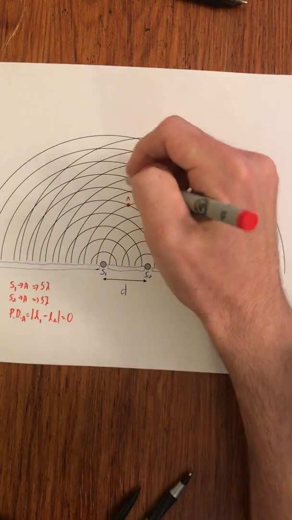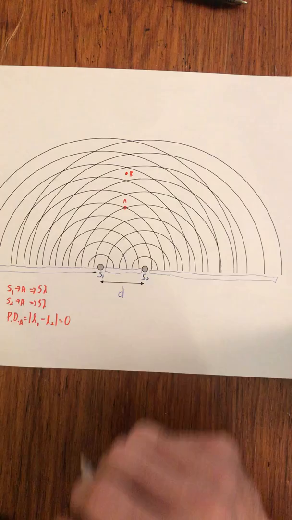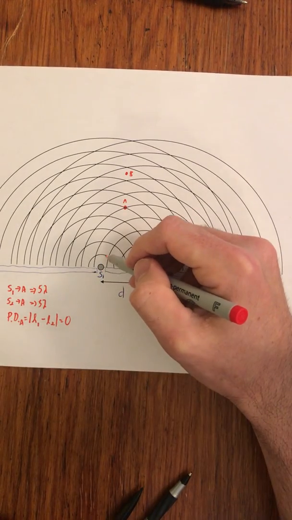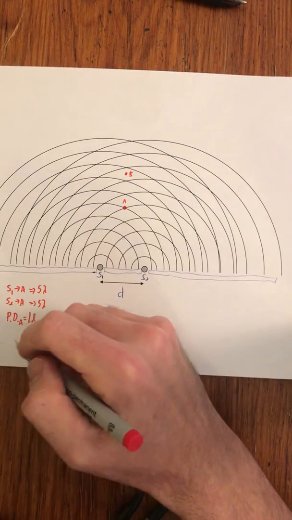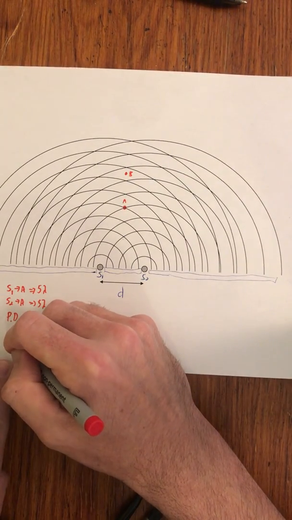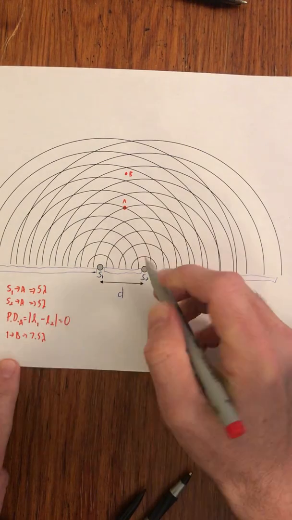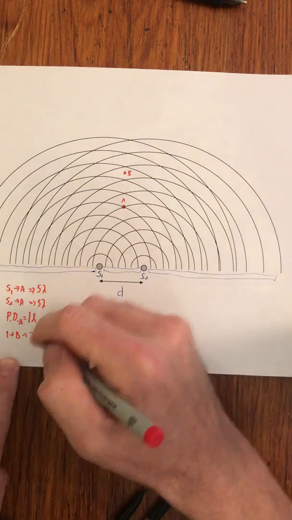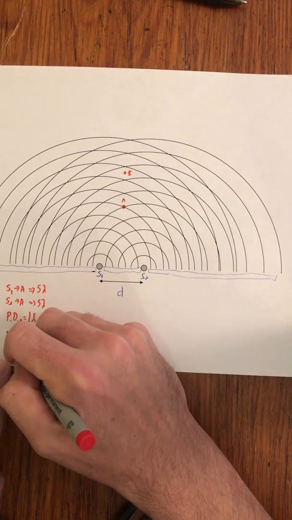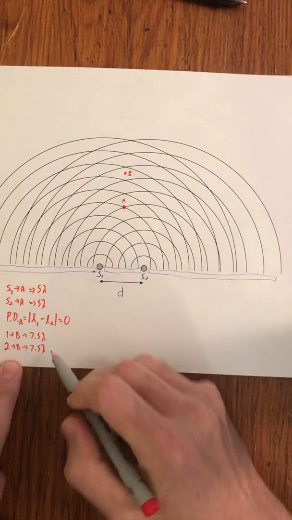And if I did that at any point along here, let's say I did point B and did the same thing, that'd be 1, 2, 3, 4, 5, 6, 7.5 waves. So from source 1 to B is 7.5 wavelengths, and from source 2 to B is also 7.5 wavelengths.